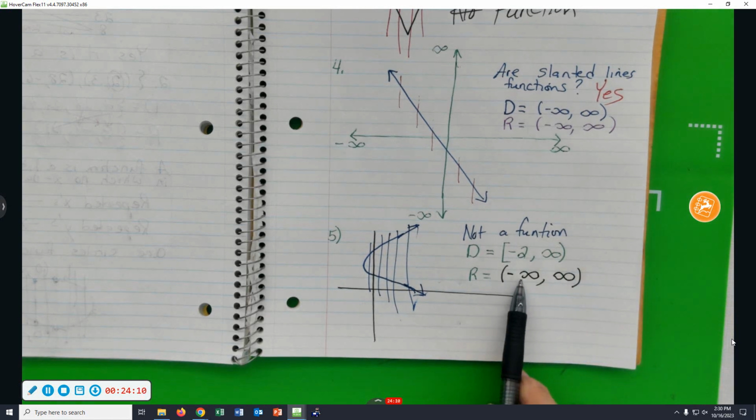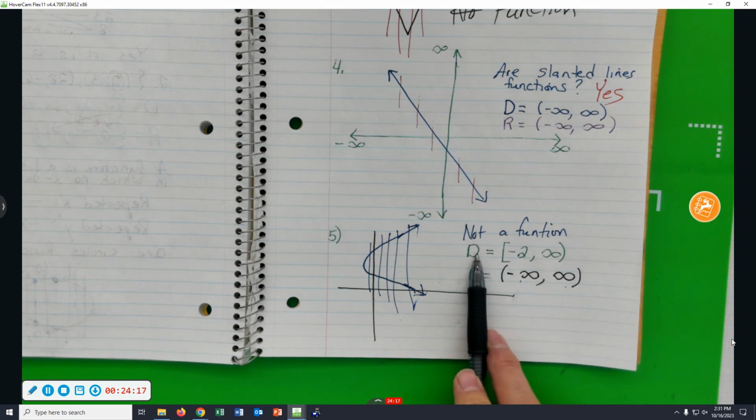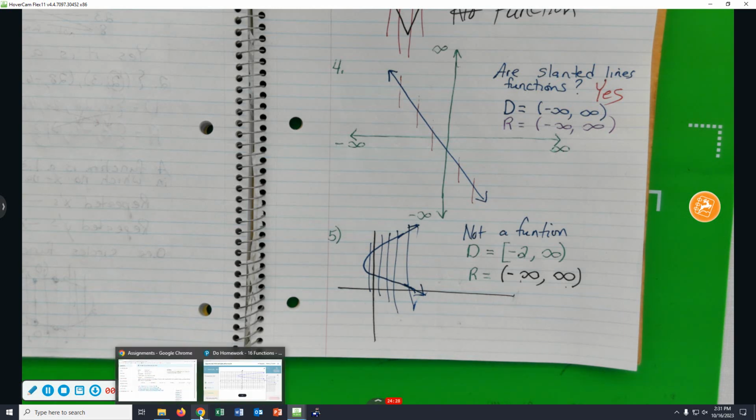This means it's going down forever and up forever. For the domain, it starts at negative 2 and the graph is continuing to go to the right forever. Okay? This is some nice graph theory we're doing here.